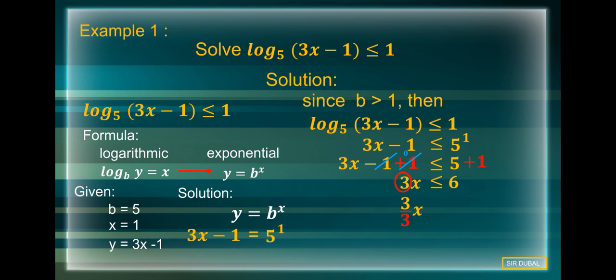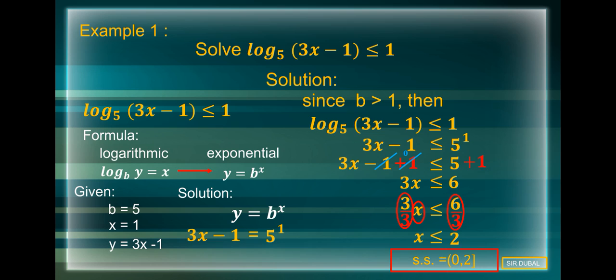Then copy the x, copy the inequality symbol, then copy the 6 and divide by 3. Solving it, 3 divided by 3 is equal to 1, times x is just x. Copy the inequality symbol. Then 6 divided by 3 is equal to 2. So our final answer is x less than or equal to 2.